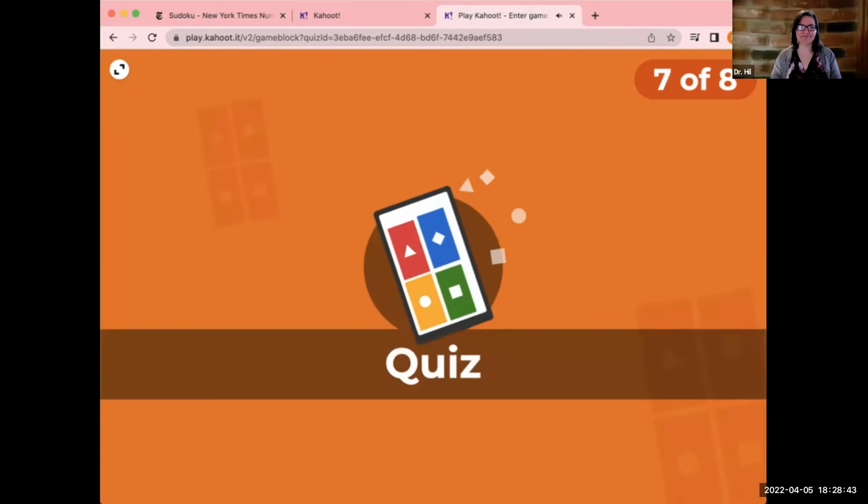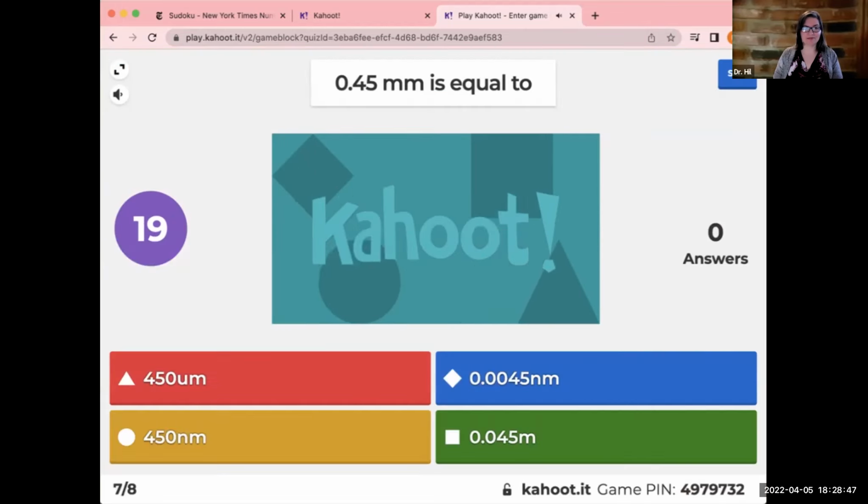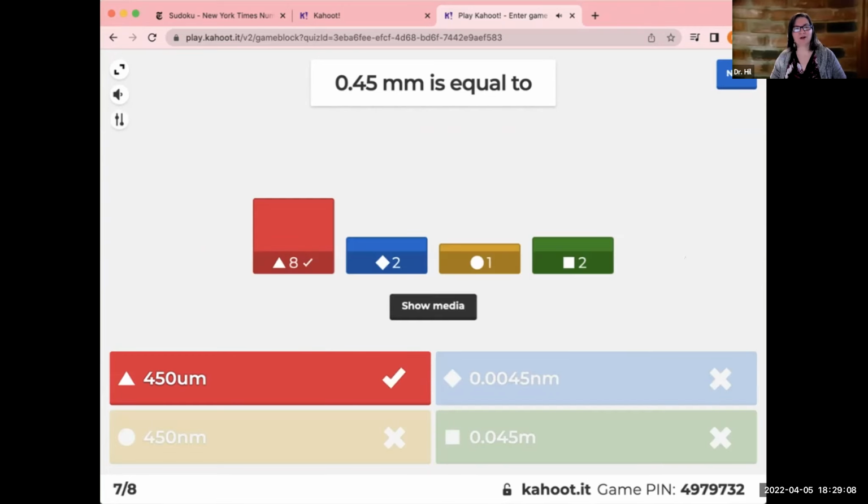Yep. 0.45 millimeters is equivalent to 450 micrometers.